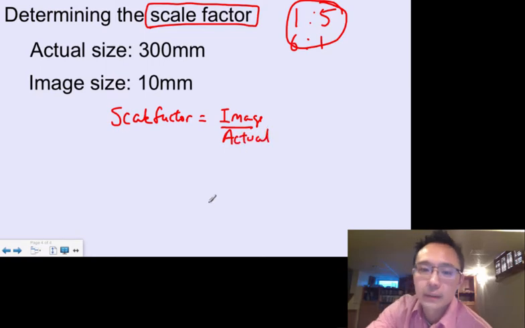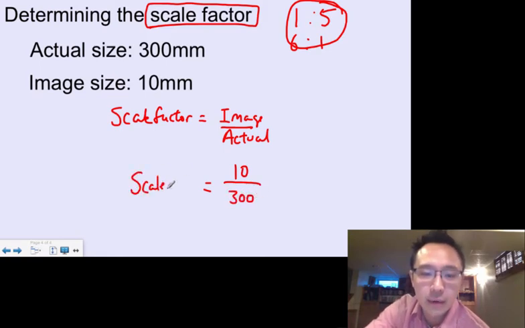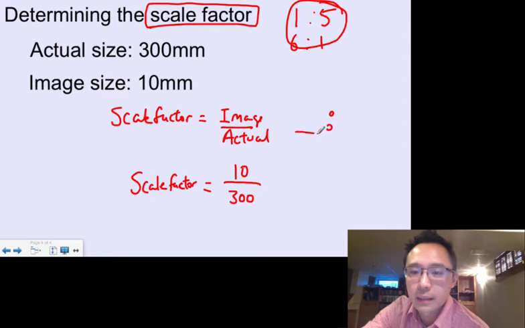That's the formula. What do we have for an image length? 10. What do we have for actual? 300. Since this is your scale factor, remember your scale factor is always something colon something. And remember, if we were given 1:10, this is equal to 1 over 10.